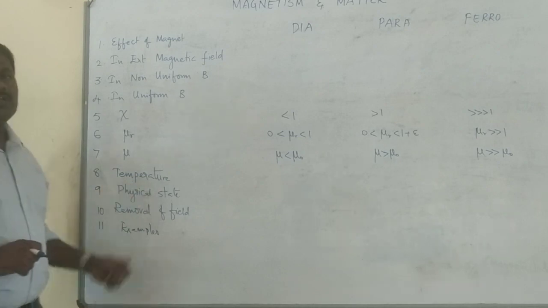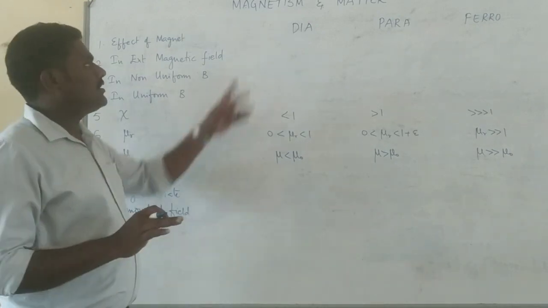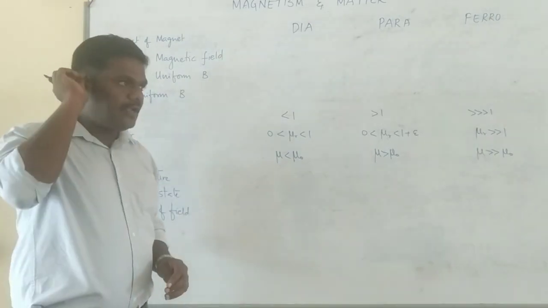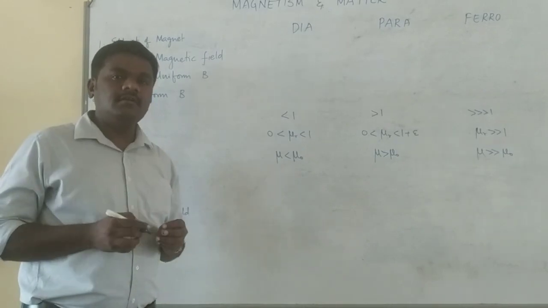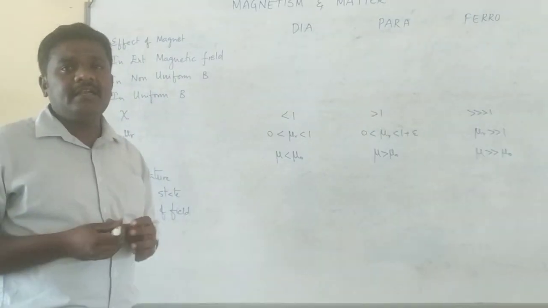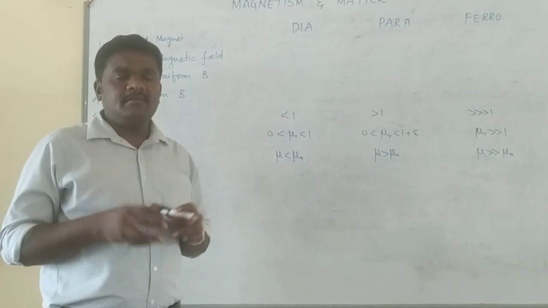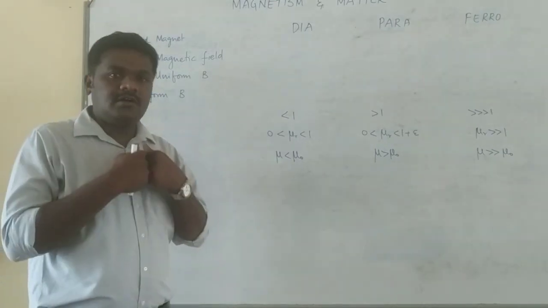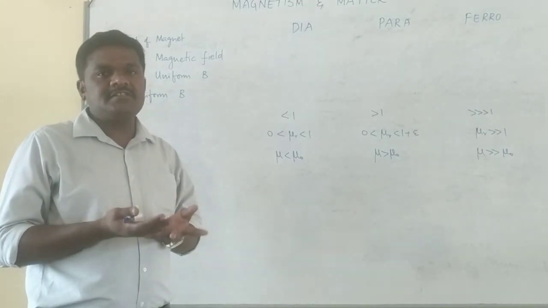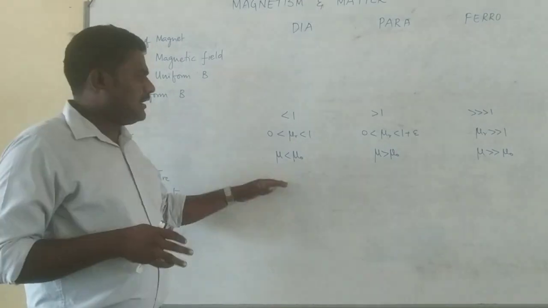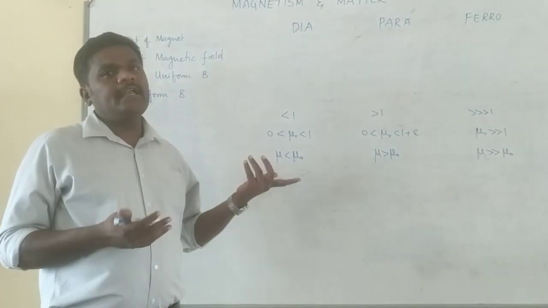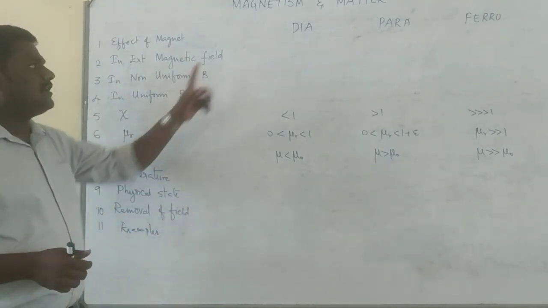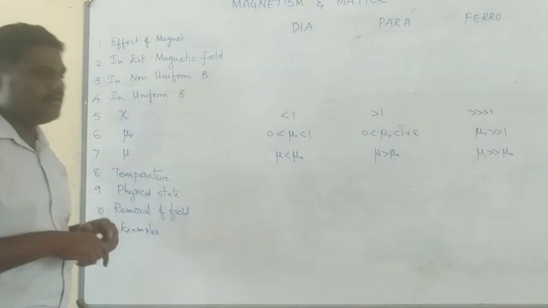Coming to temperature, there is no effect of temperature on diamagnets. Here, the effect of temperature is taken into account if there are any changes of magnetic intensity or magnetism produced in the sample. Since diamagnets do not at all allow the magnetic effects or magnetism, the effect of temperature is not taken into account.